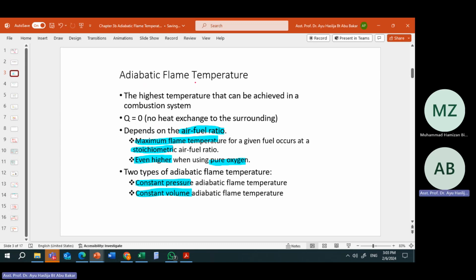Now, the definition of the adiabatic flame temperature is the highest temperature that can be achieved in a combustion system, where there is no heat exchange to the surrounding. Okay, and all it depends on the air-fuel ratio, the AF. Maximum flame temperature occurs at stoichiometric air-fuel ratio. Then even higher when using the pure oxygen. Two types, constant pressure and constant volume.